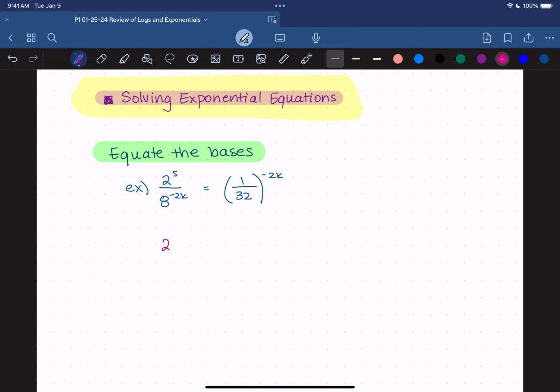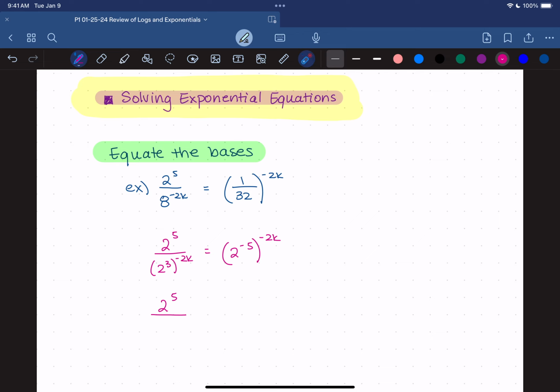So I'm going to leave the first one the same, 2 to the 5th. 8 is the same thing as 2 cubed, but that's raised to the negative 2k. And 1 over 32 is the same as 2 to the negative 5th, and that's being raised to the negative 2k. And then I'm going to use some properties of exponents.